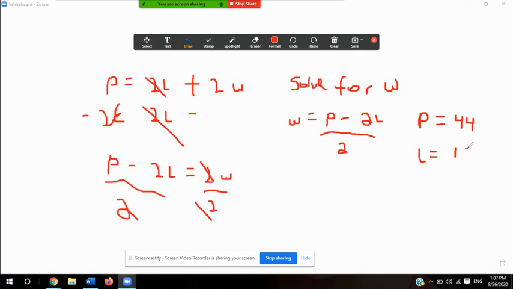This is actually much easier because now that I know the values of P and L, it's just plugging in and evaluating, which, even though this section is not coming on your quiz, is something that you already know how to do. I'm still looking for W.